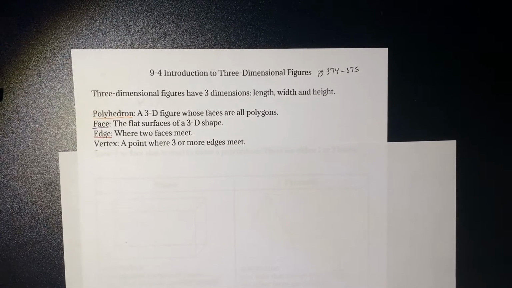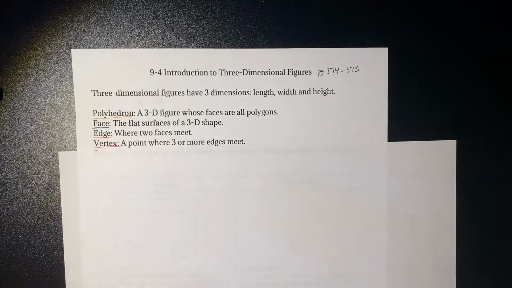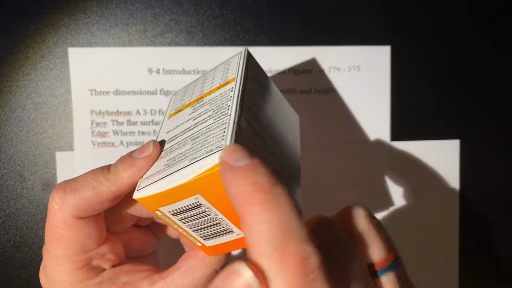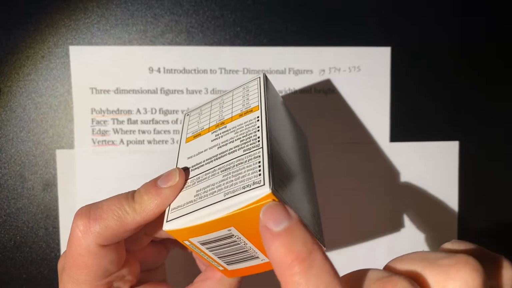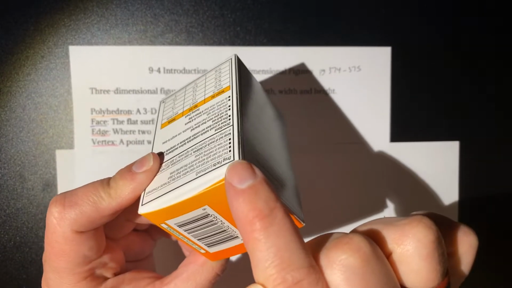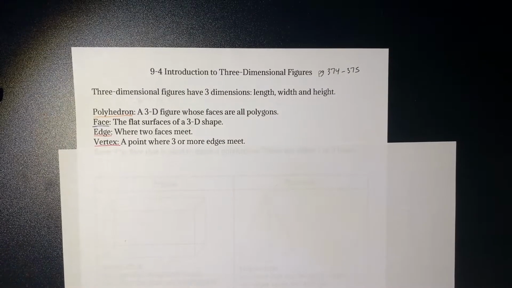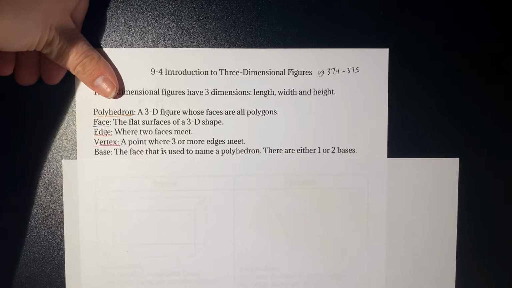And then a vertex. A vertex is a point where 3 or more edges meet. So kind of like a corner would be a vertex. So 1, 2, 3 edges meet at this vertex. We'll talk about other kinds of vertexes where more than 3 edges meet.